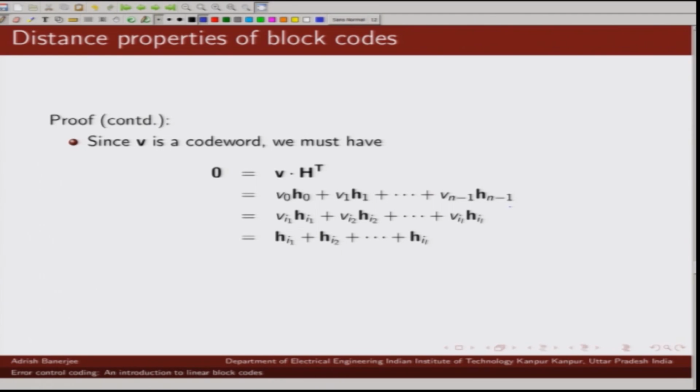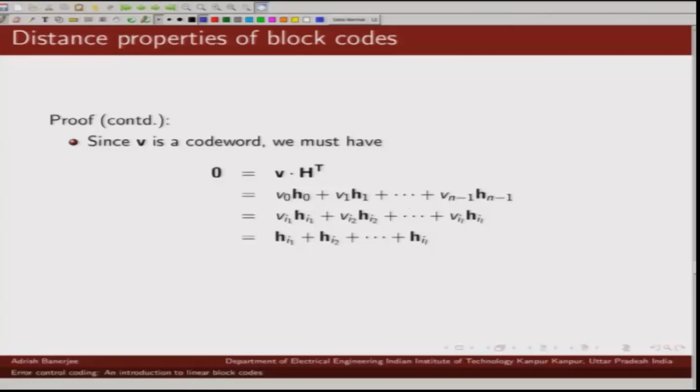Now, note that among these V0, V1, V2, up to V(n-1), there are L components which are non-zero, and what are those L components? Vi1, Vi2, Vi3 up to ViL. So, all other components of V will be 0.